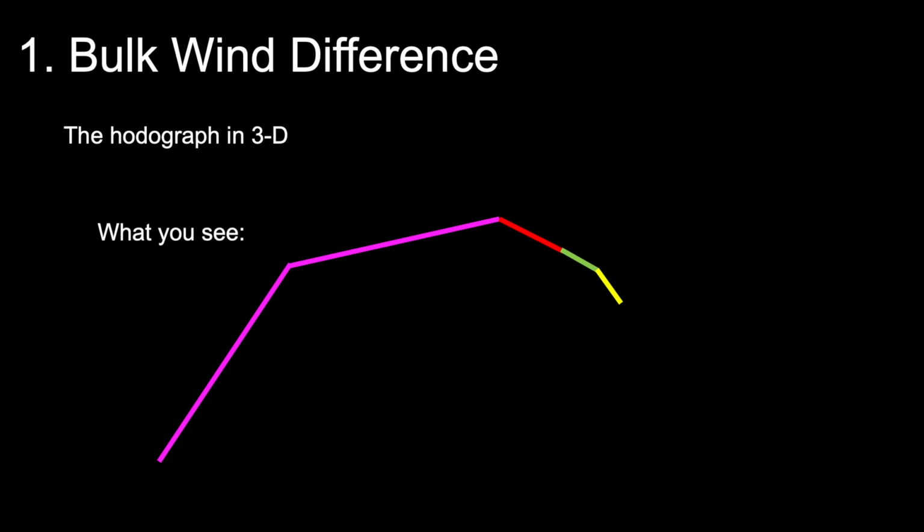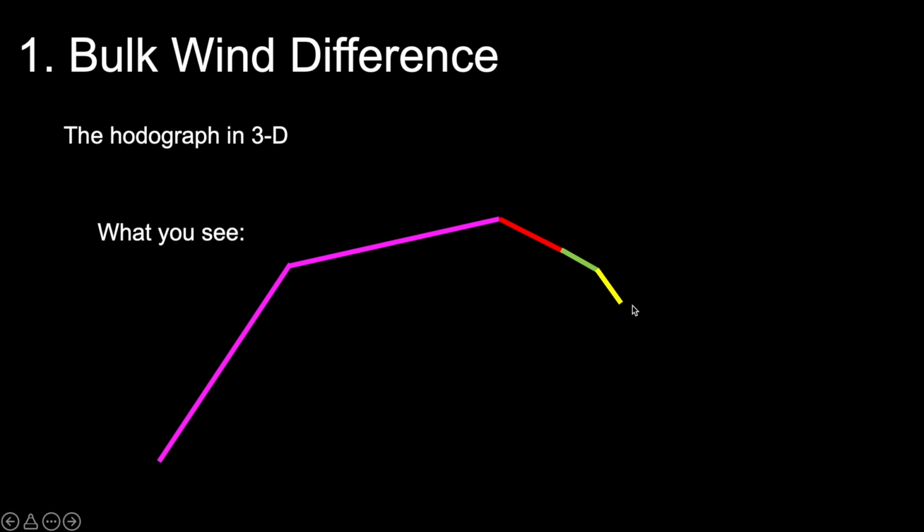So first, I like to get folks thinking in terms of 3 dimensions when they're looking at these hodographs. What you might see in this case is really strong shear, right? This is a crazy supercell environment. But I also want to draw your attention to the part of the hodograph here that looks pretty small and insignificant, but actually spans 8 kilometers worth of the atmosphere.